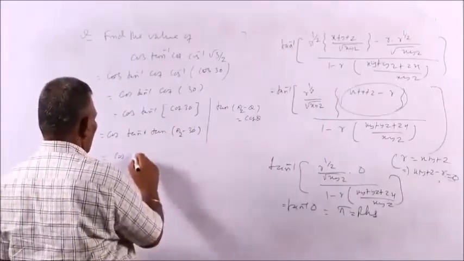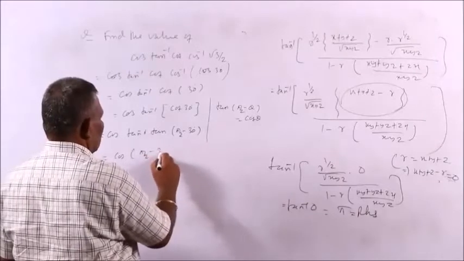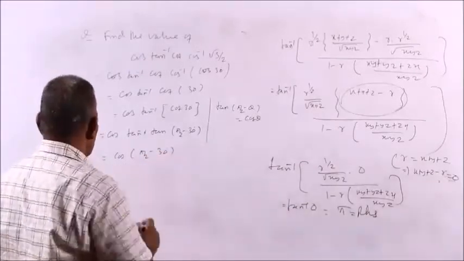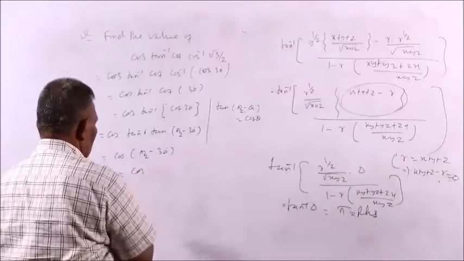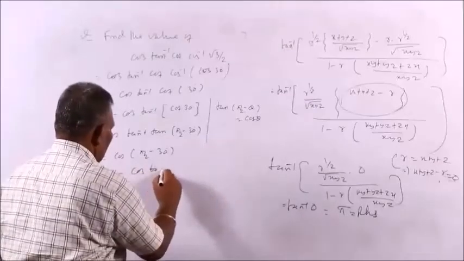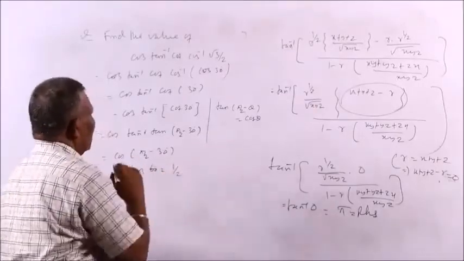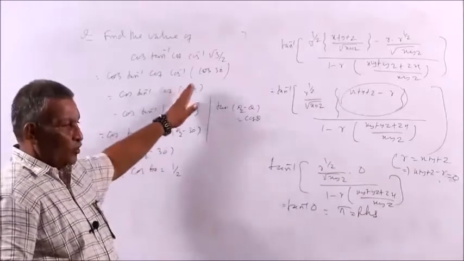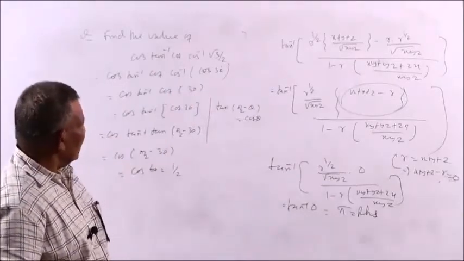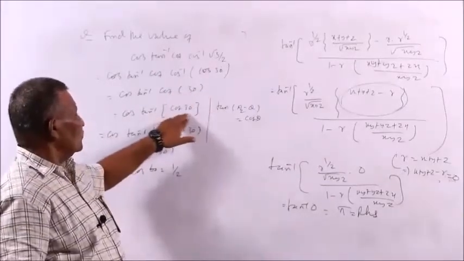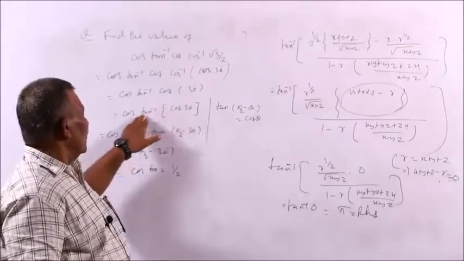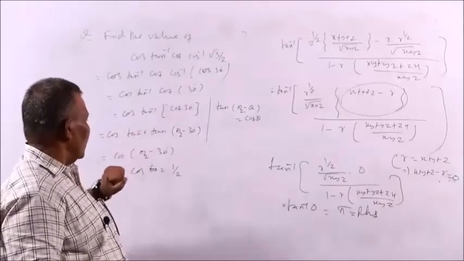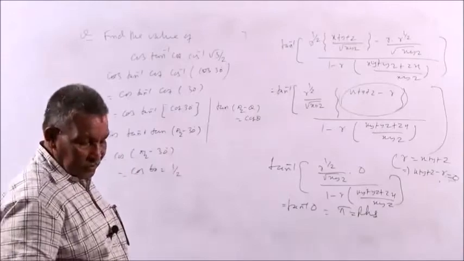Cos tan inverse tan will be 1, cot 90 minus 30 degree, that is cos 60 degree, that is cos 60 is half. So you can find the answer like this, or in place of cot 30 you just put the value, then find the value of tan inverse that quantity, then find cosine angle.